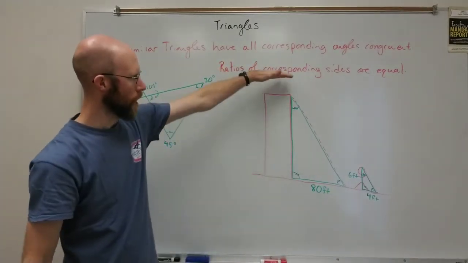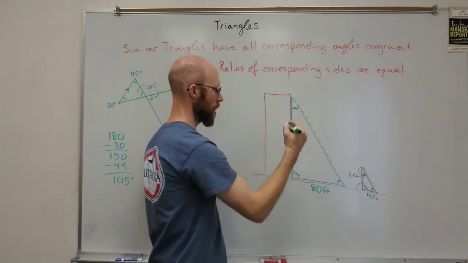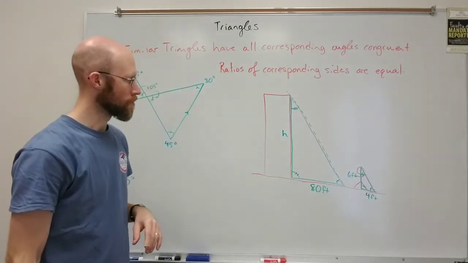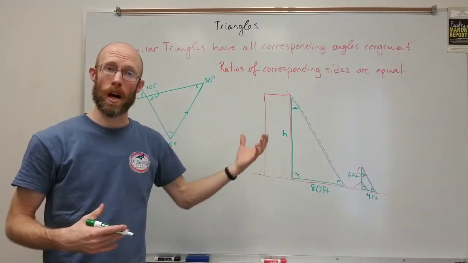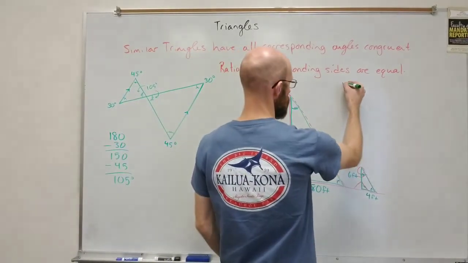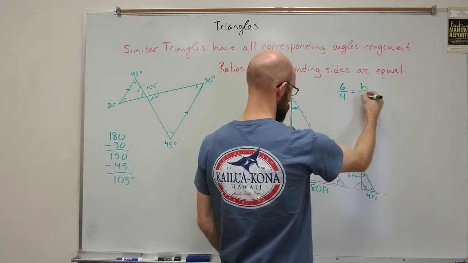The question then is how tall. We'll call that H for the height, right? How tall is that building? So we can set up a proportion because the two triangles are similar. So we can say that, for instance, 6 over 4 is equal to H over 80.